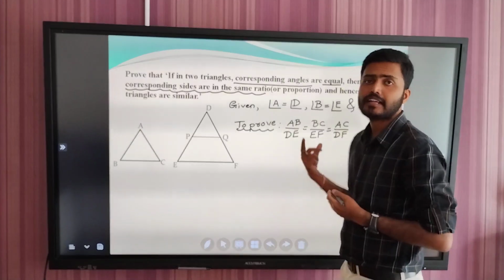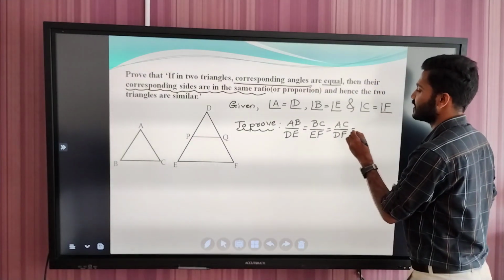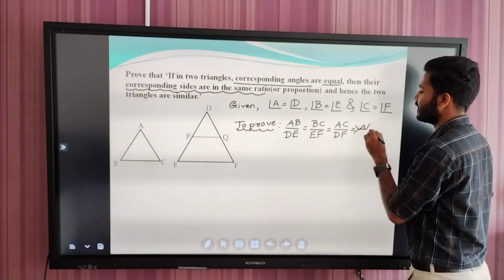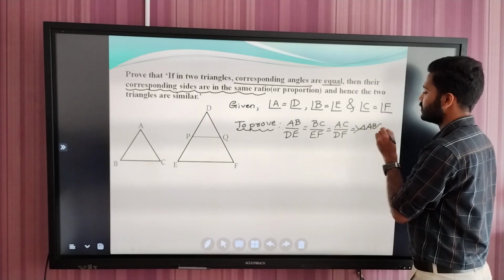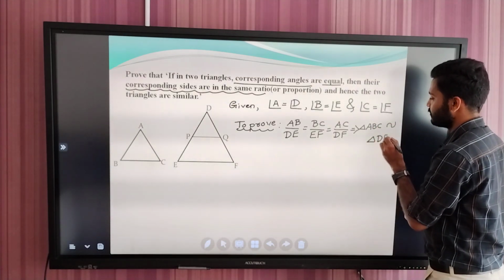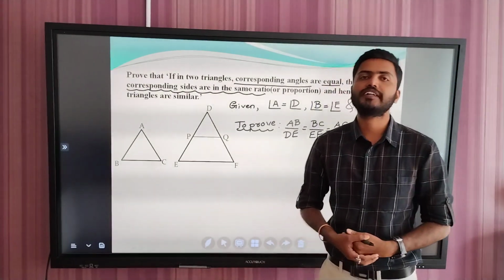And hence this implies if the corresponding sides are in the same ratio or proportion, triangle ABC is going to be similar to triangle DEF. Okay, so this is what we are trying to prove in this particular theorem.